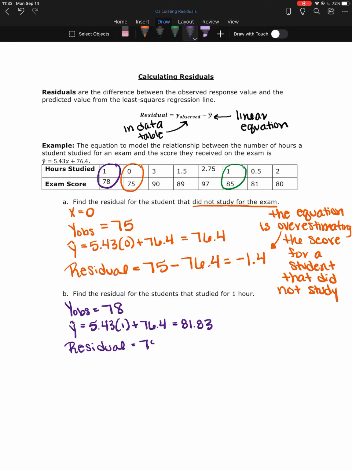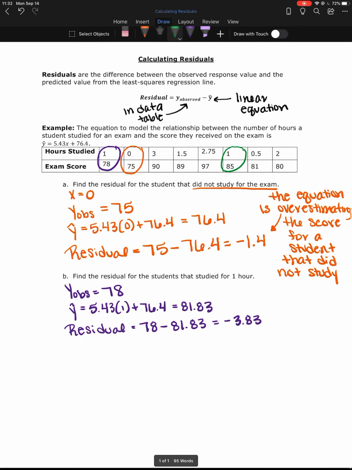So the residual for this student is their actual score of 78 minus the predicted score of 81.83. And that's negative 3.83. So for this student, the equation is overestimating what they would have scored on the exam.